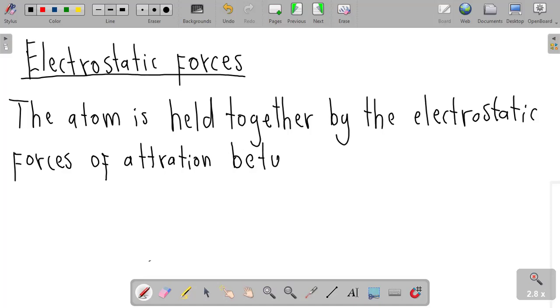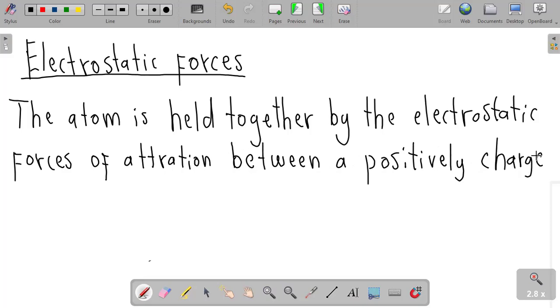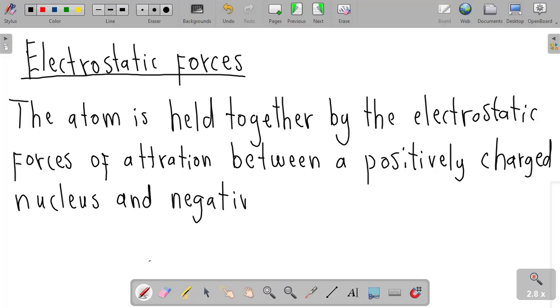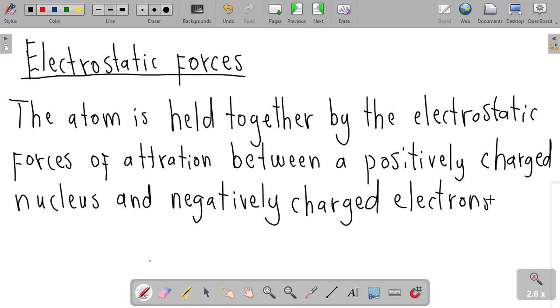Remember what we said with regards to the structure of an atom.